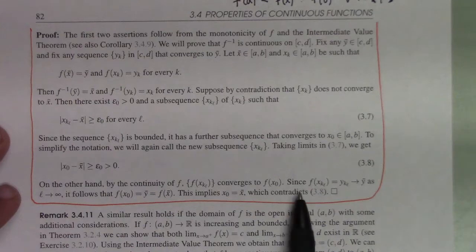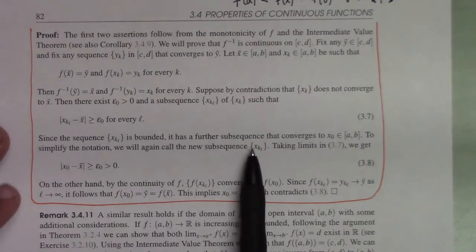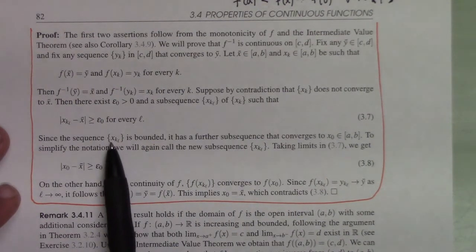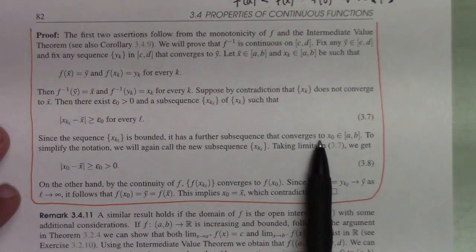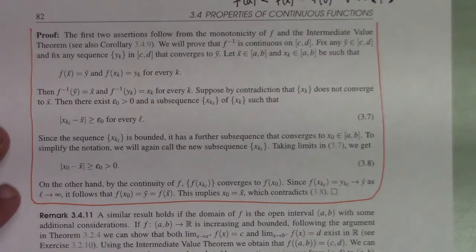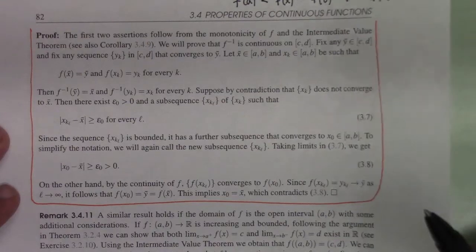What was x naught again? X naught here was the limit of the subsequence which converged to x naught. Okay. Sorry, I'm just kind of slow today.